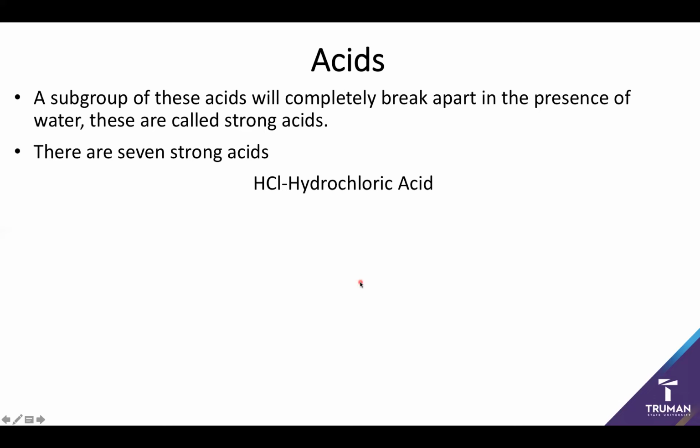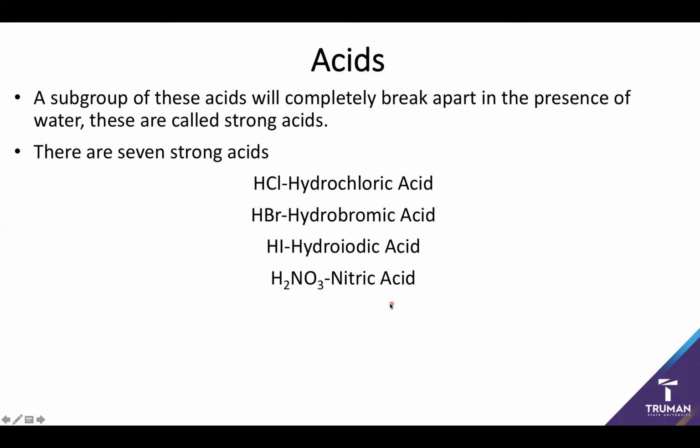So our 7 strong acids, we pretty much start with the halogens. So we have hydrochloric acid, and then we work our way down for hydrobromic and hydroiodic. The other 4 are all going to be oxyacids. And they're all going to be oxyacids where we've essentially made sure there's as many oxygens as possible. So we have nitric acid, sulfuric acid, and then the last 2 are chlorics.